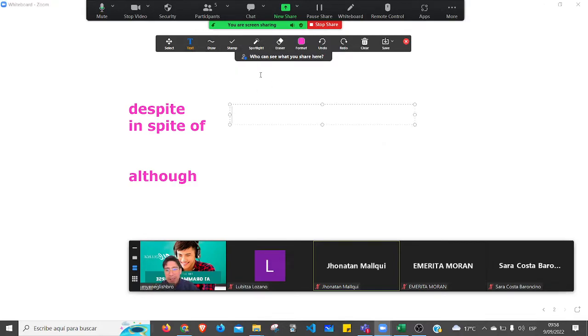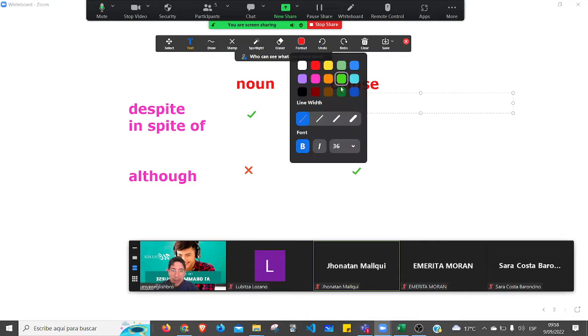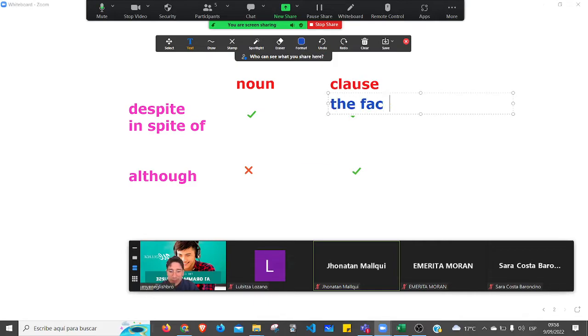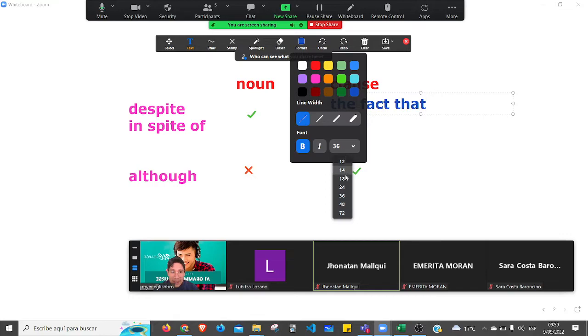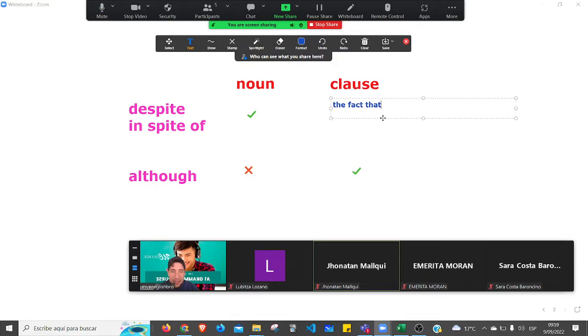Entonces aquí voy a poner noun, sustantivo, y aquí cláusula. Ustedes ya saben que es una cláusula. Entonces, despite con el in spite of, check con el noun y check con el clause. Y el although, check con el clause nada más. Nunca va a trabajar con un noun. Ahora, para nosotros trabajar con un despite y un in spite of con una cláusula, tenemos que usar cierta palabra. ¿Se acuerdan? Un the fact that. ¿Ok? Pero con el although no uso nada.